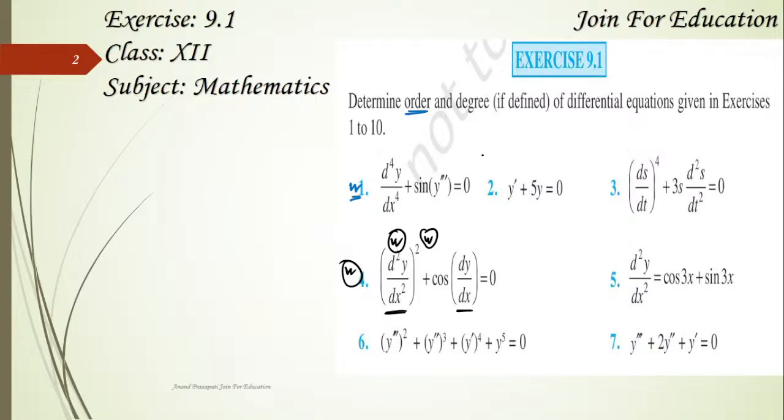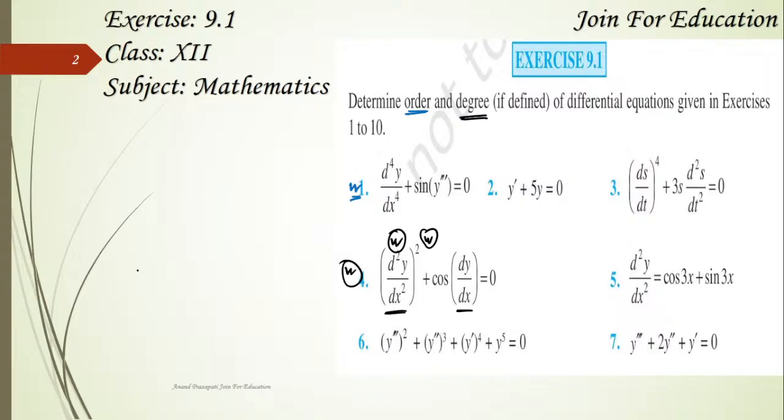So this is not defined for degree. The order of this differential equation is 2, but we cannot say anything about the degree, because it is not a polynomial in its derivative.